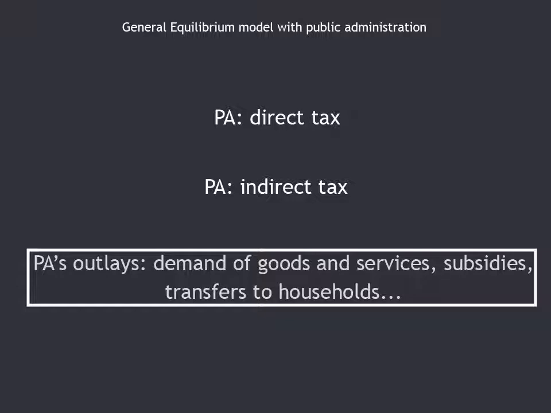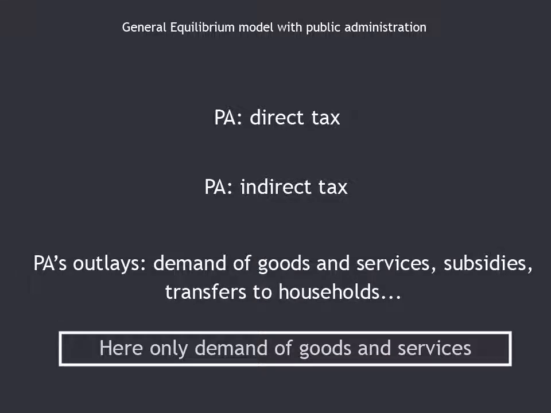So it may be demands of goods and services in order to fulfill public missions, like police, like army, like justice, and so on. Subsidies to producers, to farmers, or transfers to households. What we are going to do here is that we will only consider one type of outlay, public administration outlays, so it's demand of goods and services.